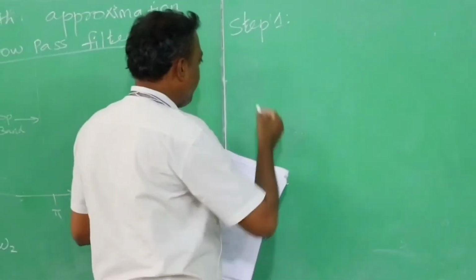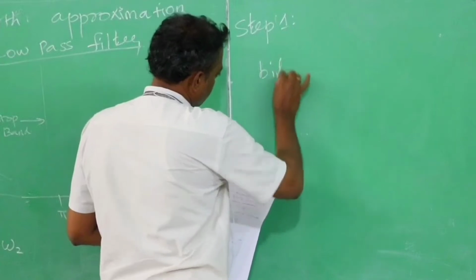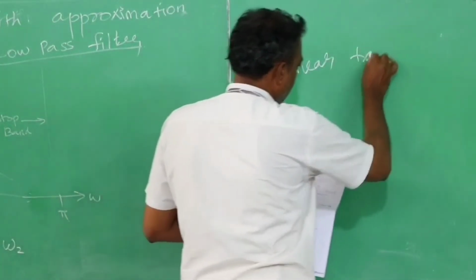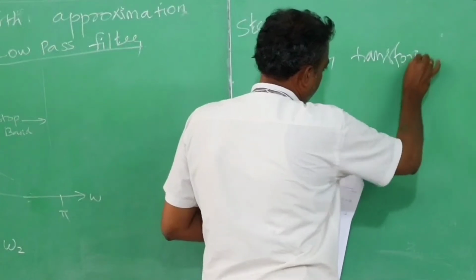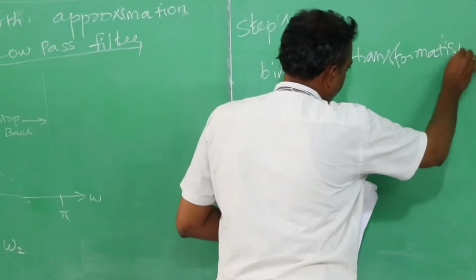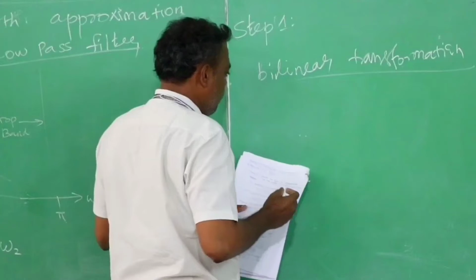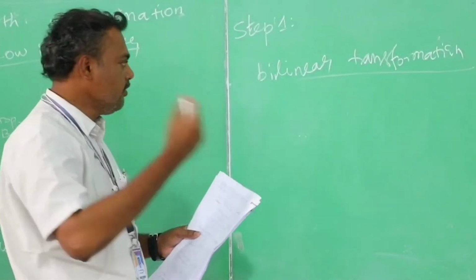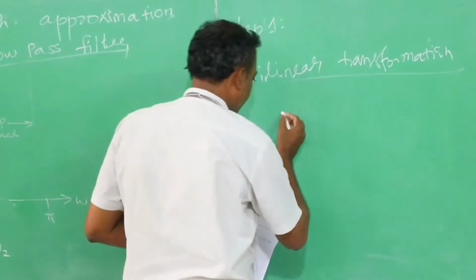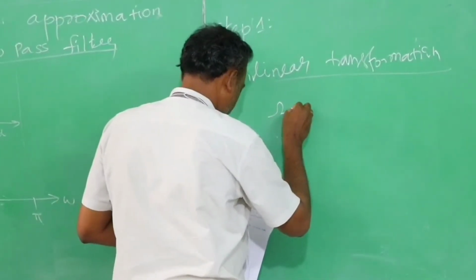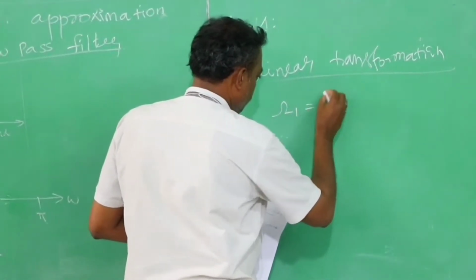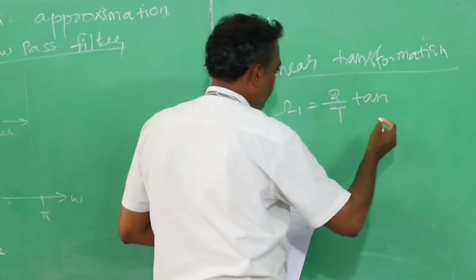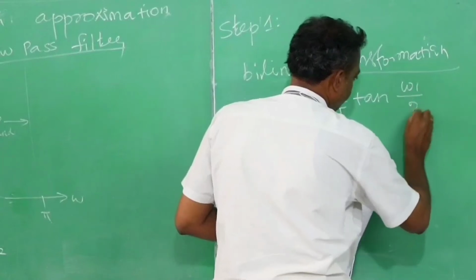For example, if the bilinear transformation is used, the analog frequency and digital frequency relationship is expressed as ohm 1 equal to 2 by T tan of omega 1 by 2.